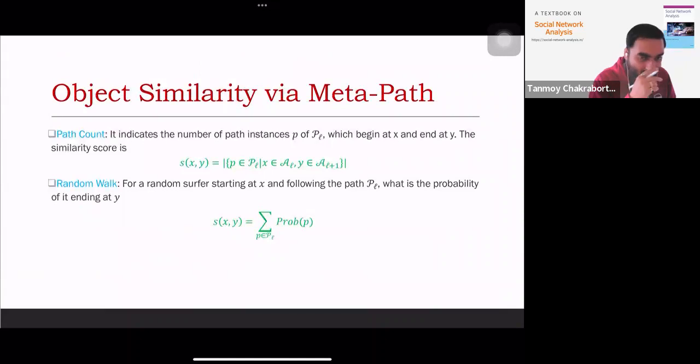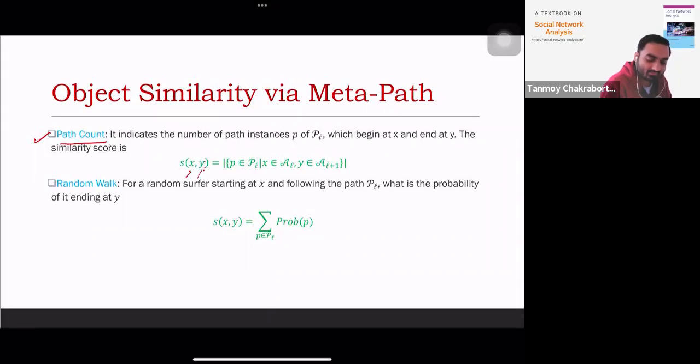So now we define the similarity, because ultimately our aim is to define the similarity between a pair of objects, a pair of vertices. Let's define some simple quantities. The first quantity is path count. The similarity between two nodes. Now here these are nodes, not node types. These are two nodes, Mr. X and Mr. Y. The similarity of X and Y is simply the path count. What do we mean by path count?